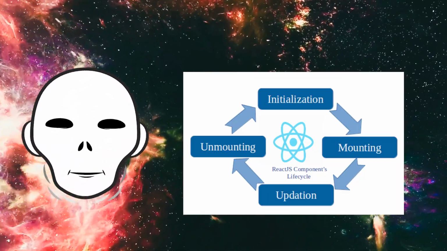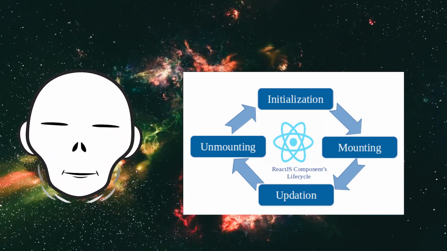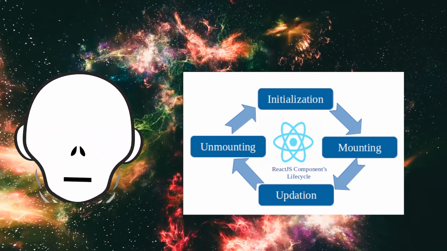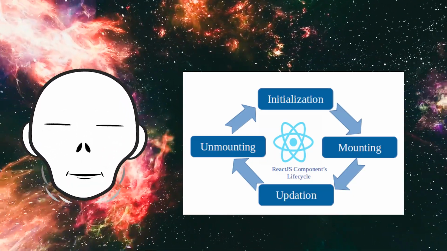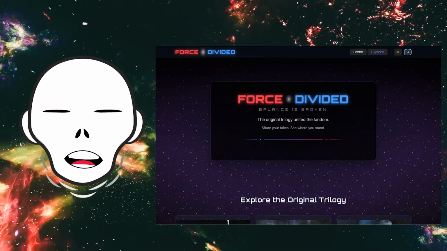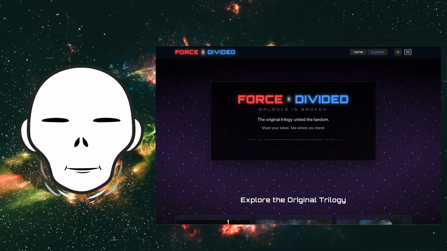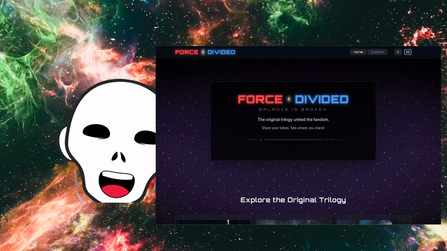Mount, setup; update, react to changes; and then unmount, cleanup. With createRoot, everything runs concurrently for buttery smooth performance. This is how your app goes from a blank page to an interactive masterpiece. Nail that explanation and you'll crush any React interview.